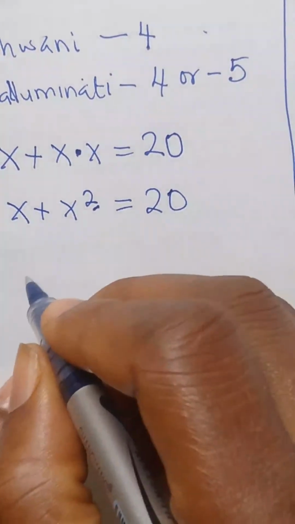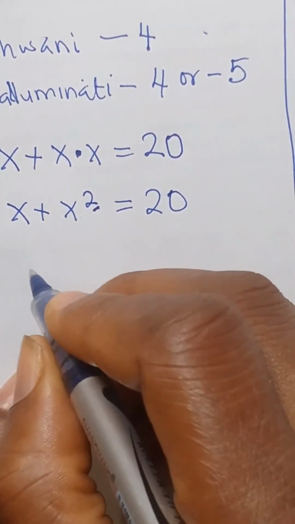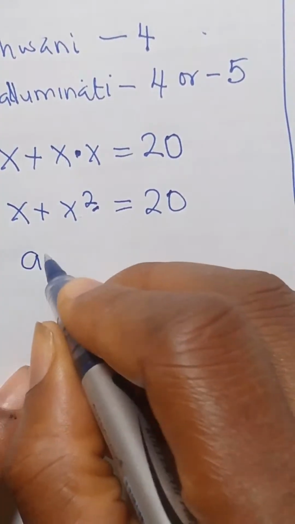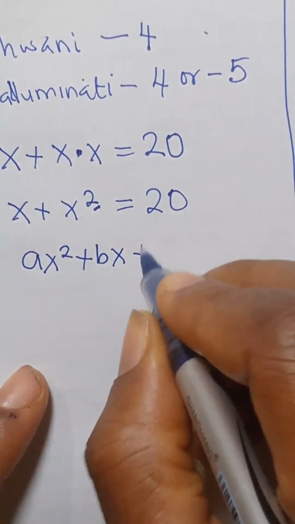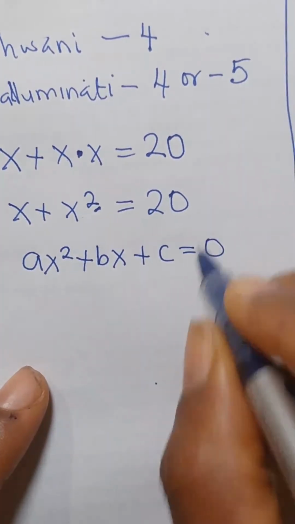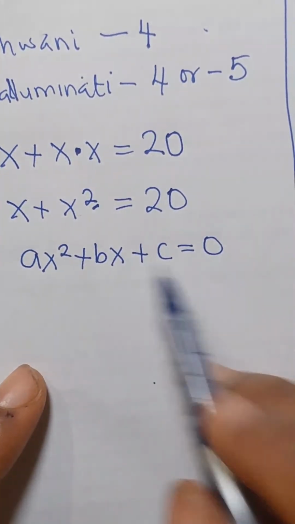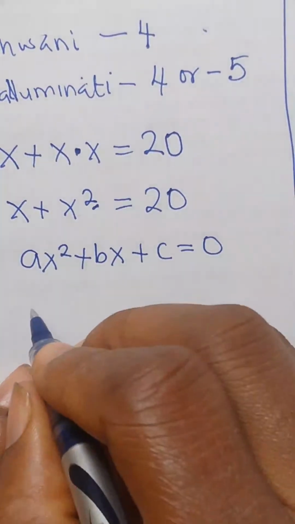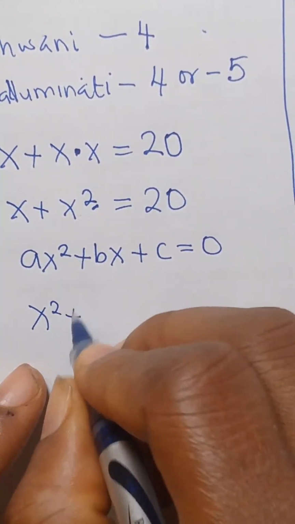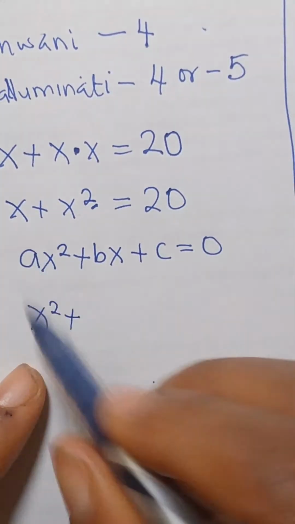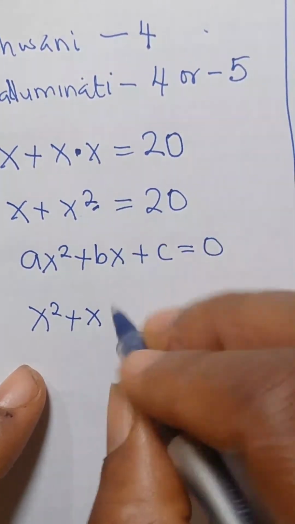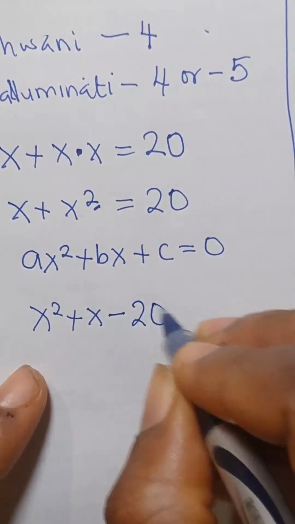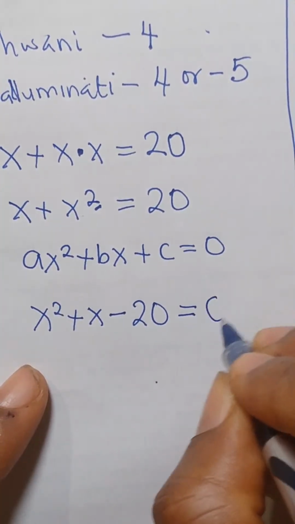A quadratic equation is of the form ax squared plus bx plus c equal to 0. So x squared comes first, then plus x, and the 20 crosses the equality sign and becomes minus 20, equal to 0.